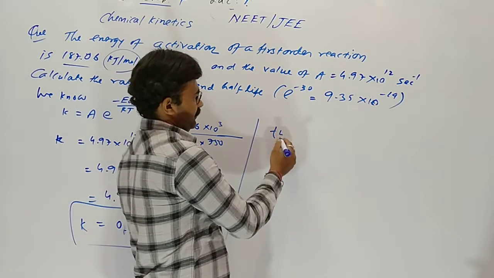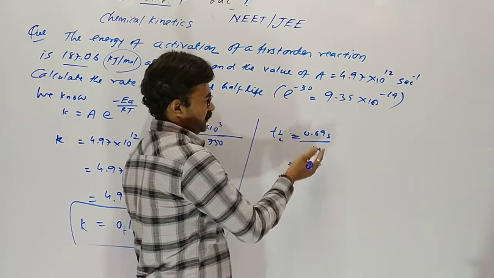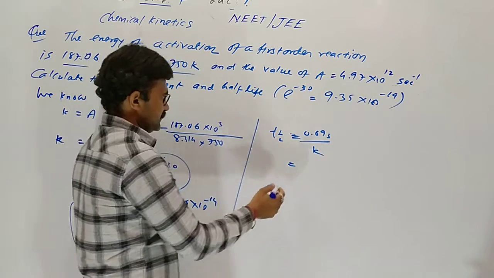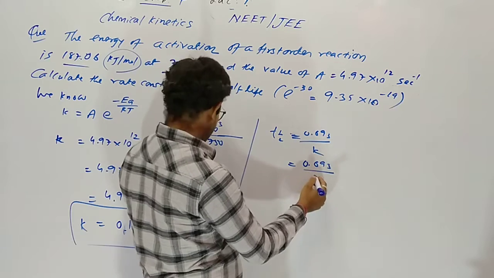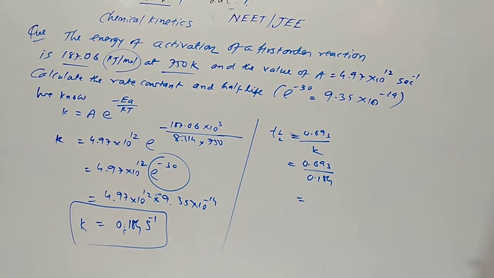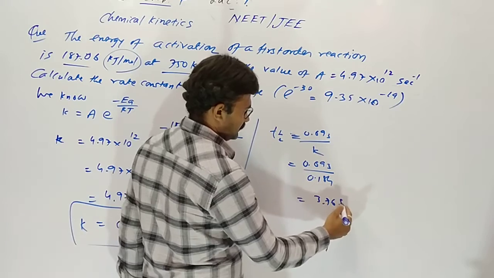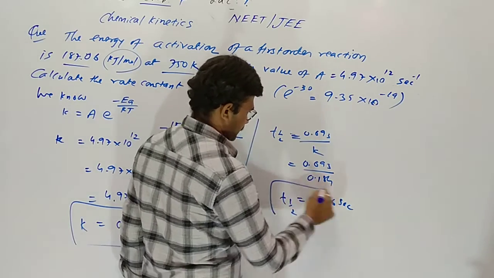Now what about T1 half? 0.693 upon K gives T1 half. 0.693 divided by 0.184. So the answer comes in seconds, 3.76 seconds. Understood?